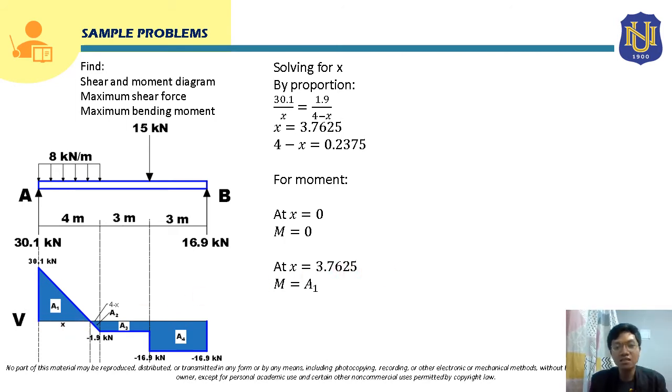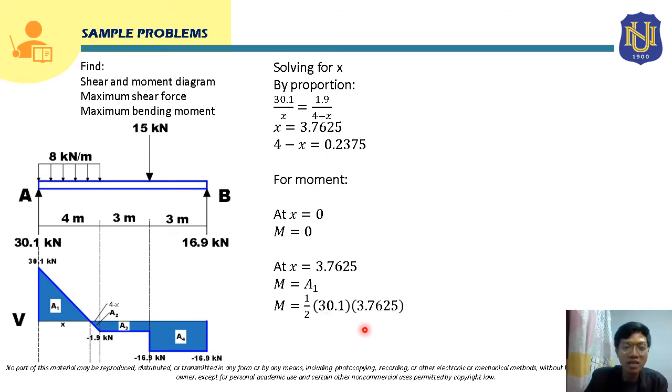So the moment here is just 1/2 times 30.1 times 3.7625. Therefore, the moment at x equal to 3.7625 is equal to 56.626 kilonewton meter.